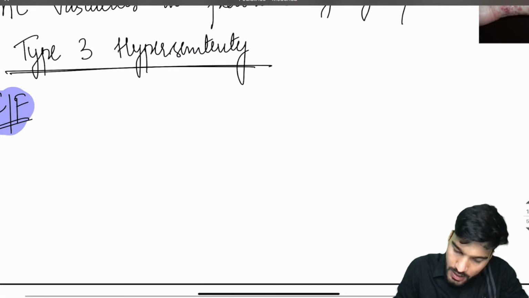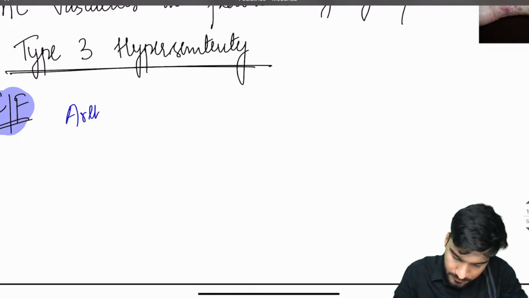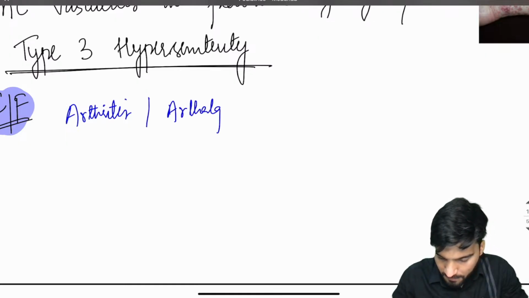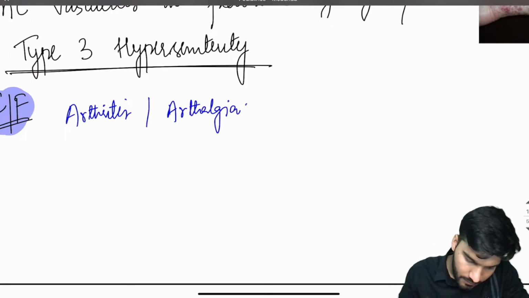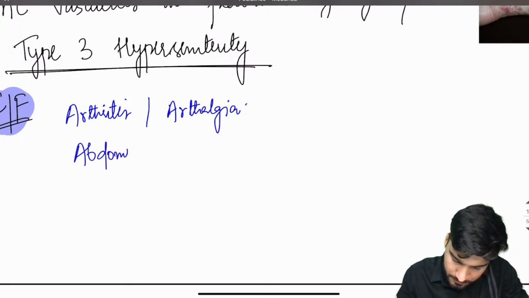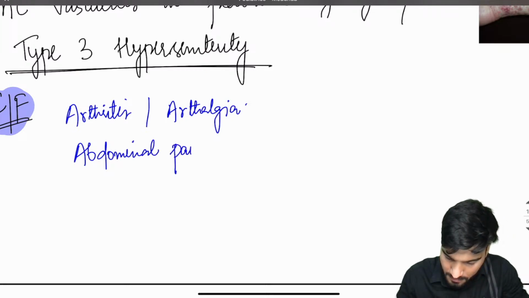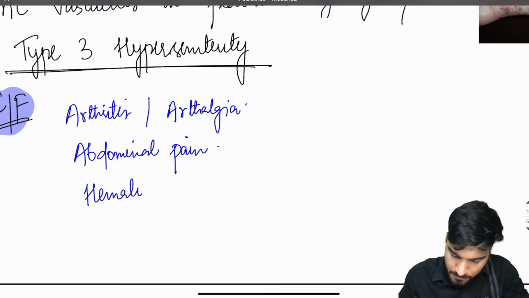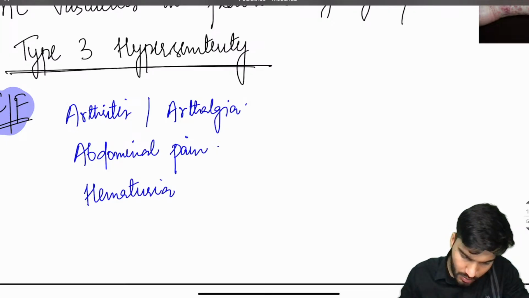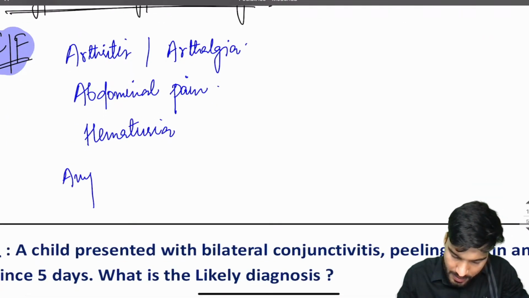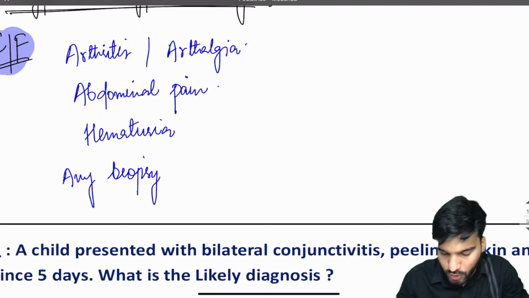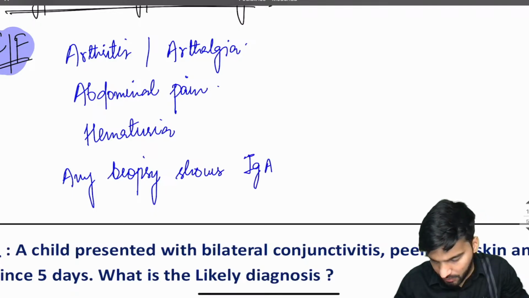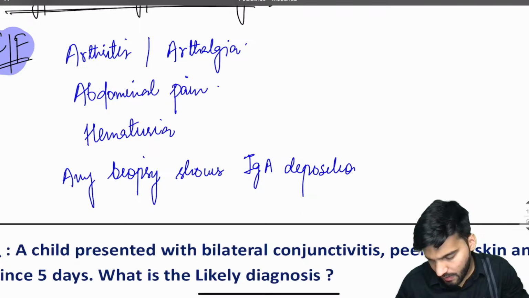We have arthritis or arthralgia, abdominal pain, renal involvement with hematuria, and any biopsy shows IgA deposition.